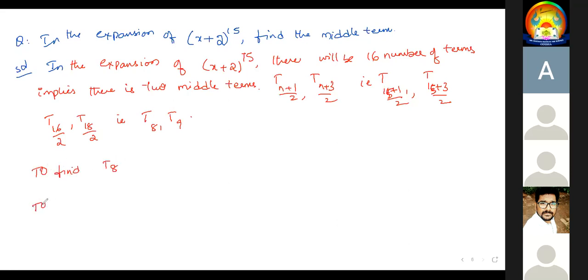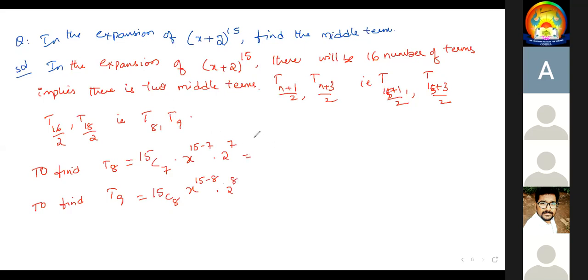To find T8 and T9, the total power is 15. This is 15C7 into x power 15 minus 7 into 2 power 7. In the same way, T9 is 15C8 into x power 15 minus 8 into 2 power 8.